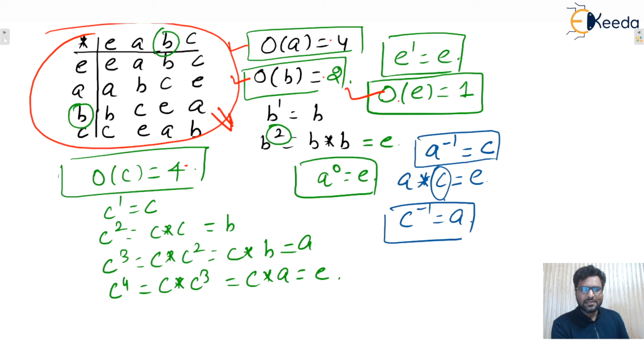So one more property is that the order of an element of a group cannot exceed the order of the given group. Here the order of the given group is 4, so no element can exceed 4. That means an order greater than 4 will not be there in that particular example. I hope this one is clear to everyone.